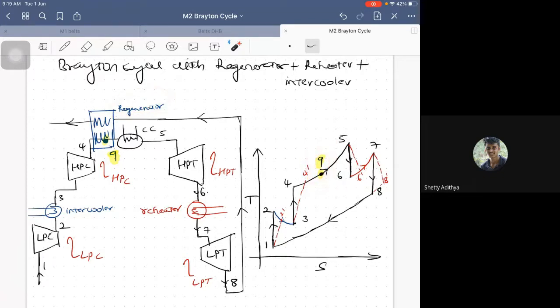And the heat addition would only be accounted from 9 to 5, because this particular amount of heat, from 4 dash to 9, is obtained by regeneration. So that much heat you are saving there. That is what it means literally.